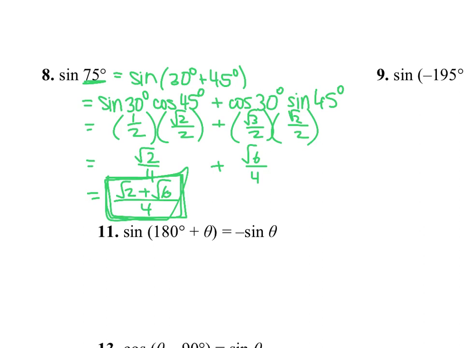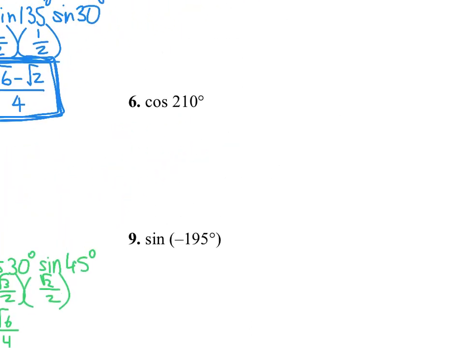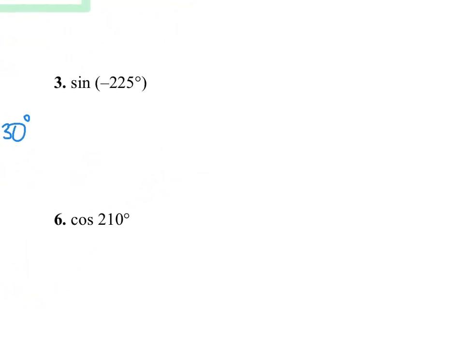All right, if you are ready for the answers, here we go. Starting with number 3. These are pretty quick, so I'll go ahead and work these out with you. Sine of negative 225 degrees. Negative 225 would land me right around here.